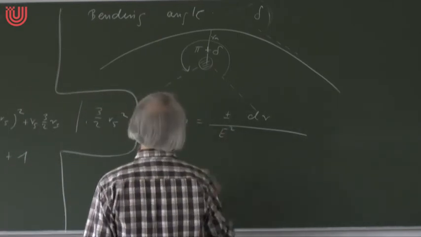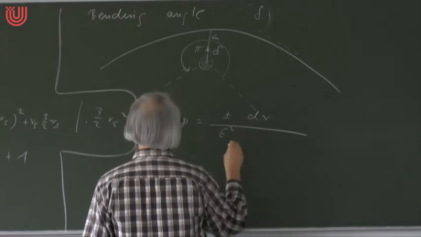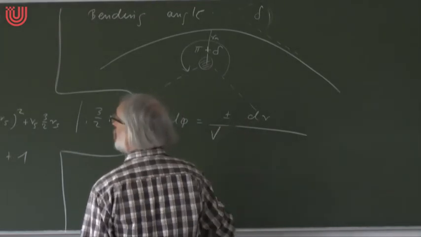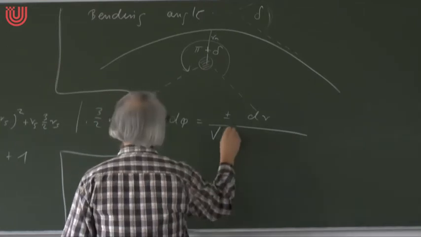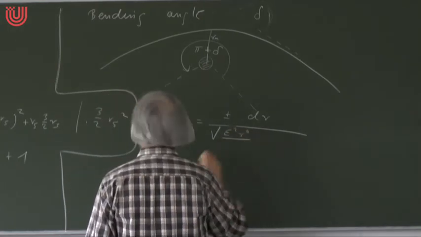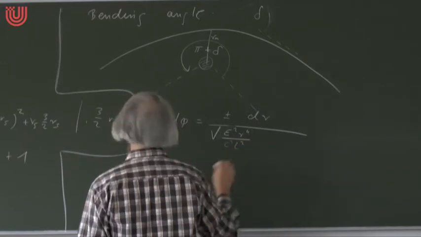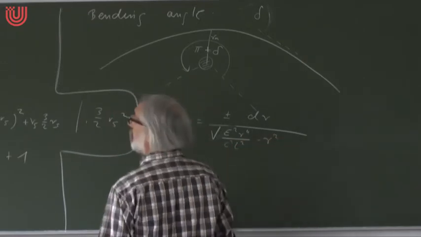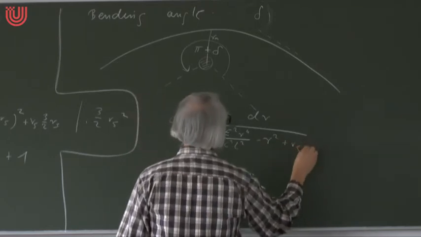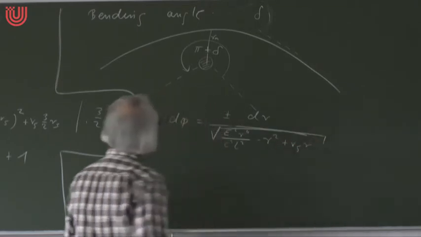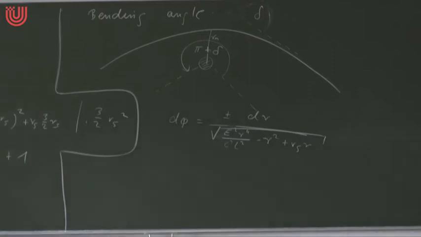This was d phi by dr squared, so I have a square root here: E squared r to the 4 over c squared L squared minus r squared plus Rs r. So you see the orbit equation parameterizes the light rays by E over L.